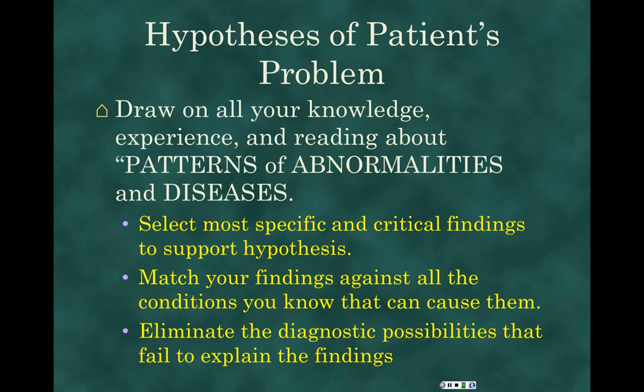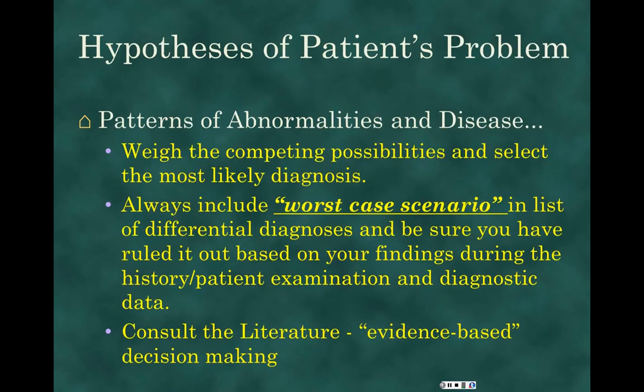What we do is select the most specific and critical findings that support the hypothesis, and we match these findings against all of the conditions you know that can cause these particular findings. And then you eliminate those diagnostic possibilities that fail to explain the findings. Patterns of abnormalities and disease.